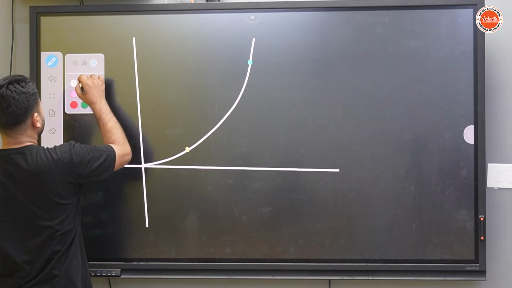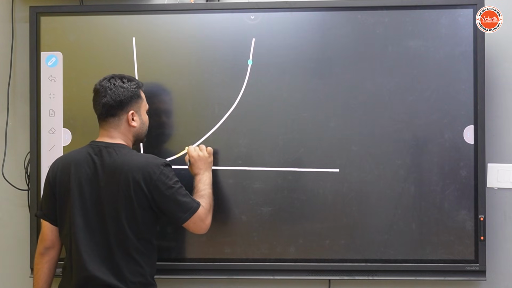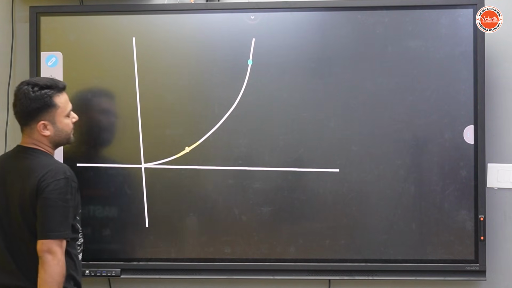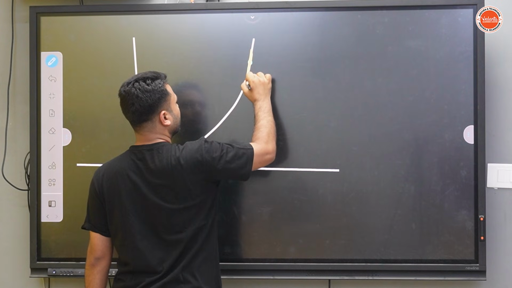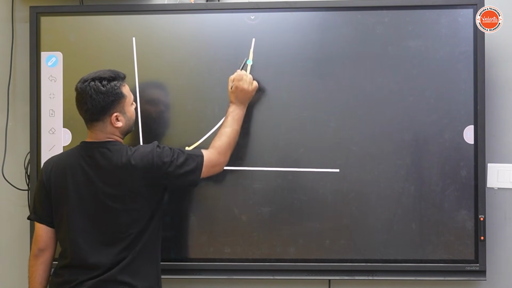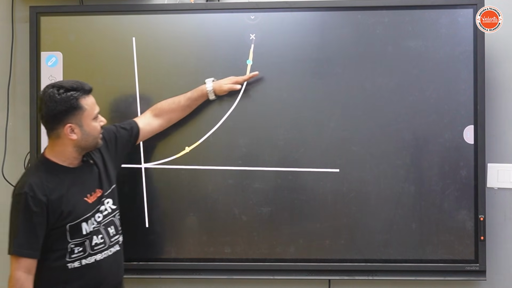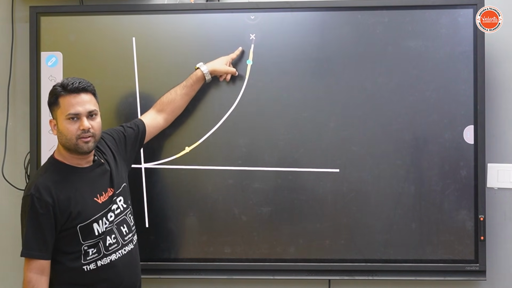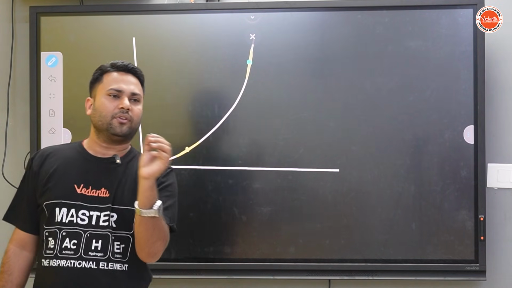Like, see, this is the slope. Now this is the slope. Correct? Now you can feel, see, this line is slopy, but this line is too much slopy. So always you have to visualize.